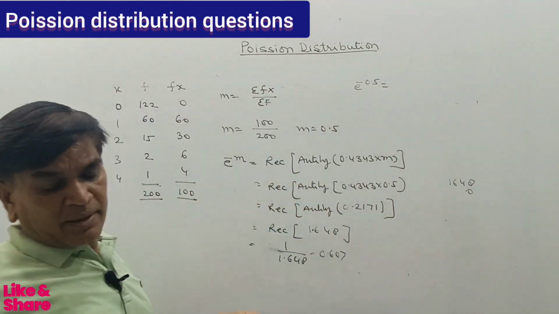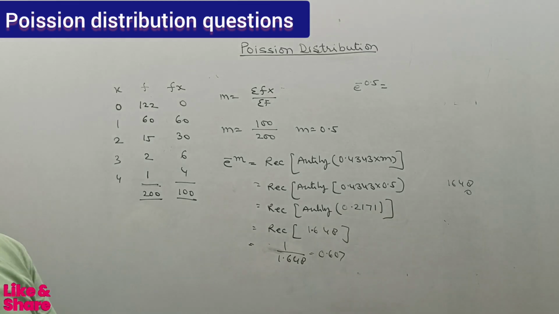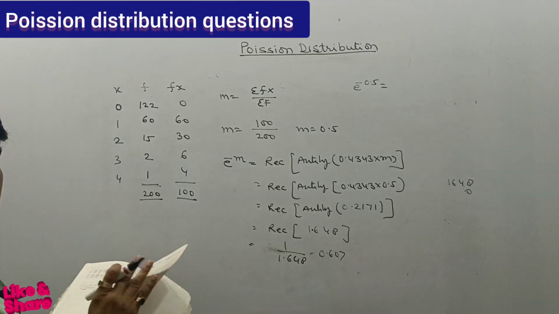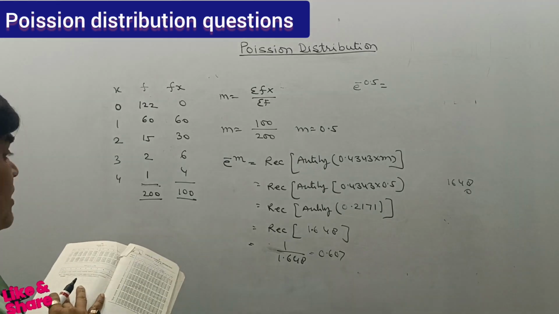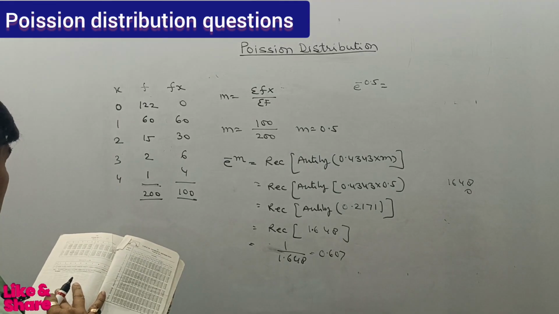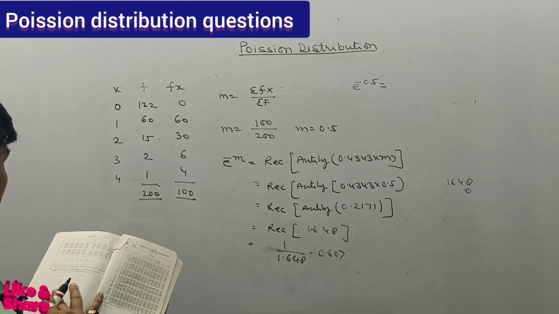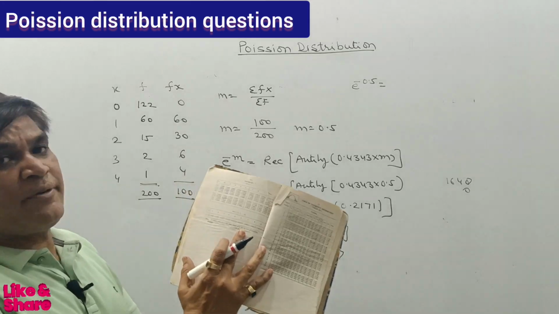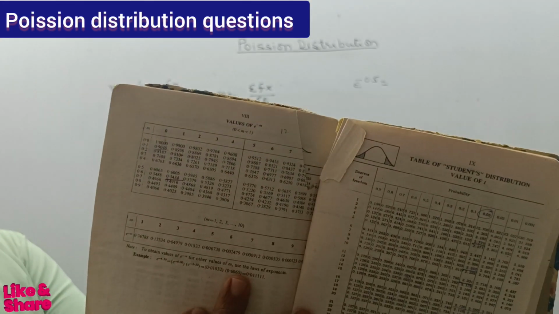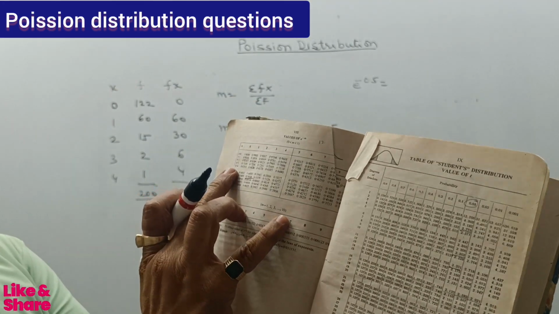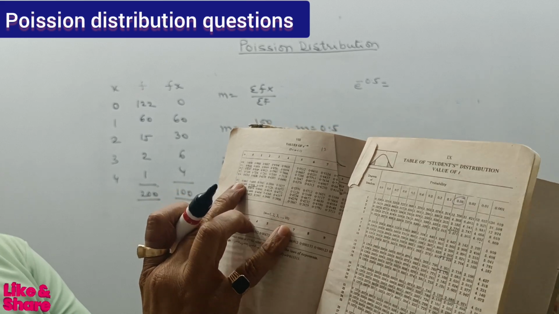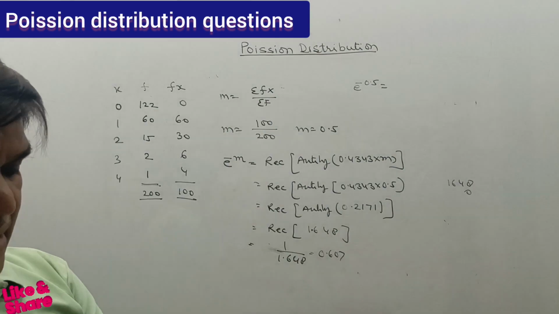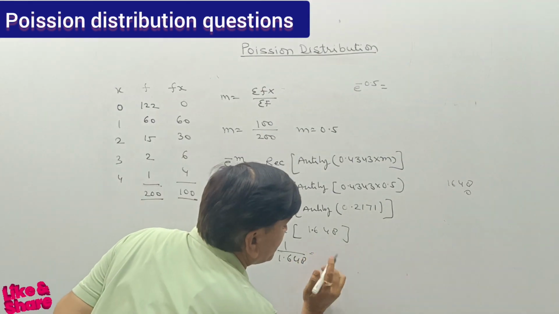We also have the value of this in the e raised to power minus m table, that is e raised to power minus 0.5, which is 0.606. We will see 0.5 in the table, that is 0.606. Here also we are getting 0.606.